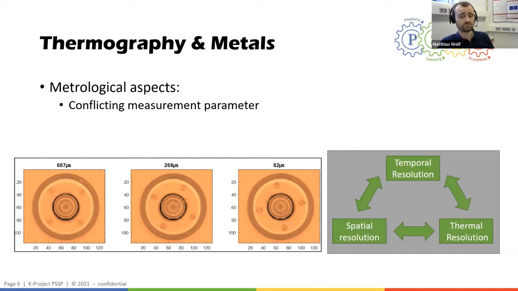However, this parameter, the frame rate as a measure of the temporal resolution, also affects other critical parameters, for example, the spatial resolution, but also the thermal resolution.